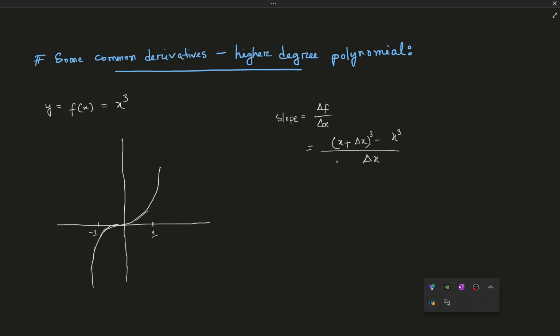Suppose x is half, then x cube will obviously be 1 by 8.